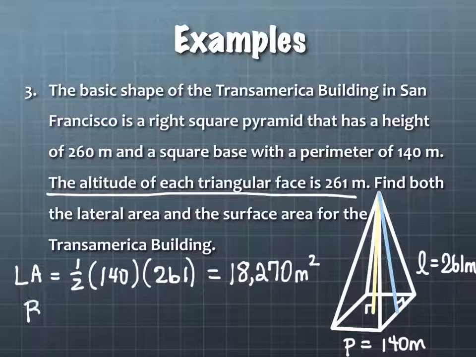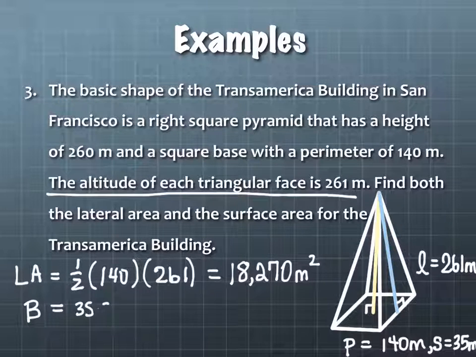Okay, we're almost done. Let's find the area of the base itself. Well, the base itself was a square, and interestingly enough, a moment ago I told you what the side length was. How would you find the side length? Divide by 4, and I think I told you this was 35. So how would I find the area of the base? Length times width, and they're both 35, right? So 35 times 35. 1,225.